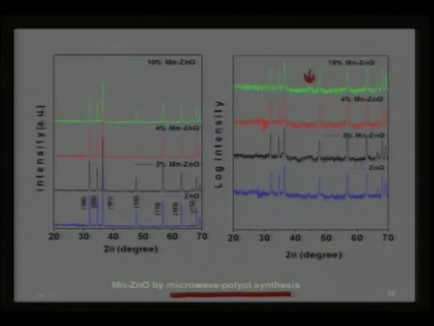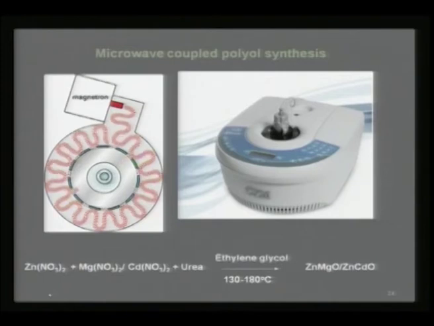There are some small peaks which are emerging here when you do this plot in log intensity. So, in log intensity plot you see there are some disturbing or mild impurity features propping up for 4% and 10%, but seemingly the undoped ones are very clear. So, with this in view, we can try to see what is exactly happening.